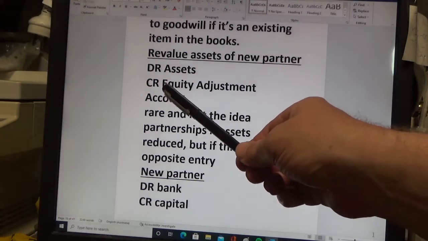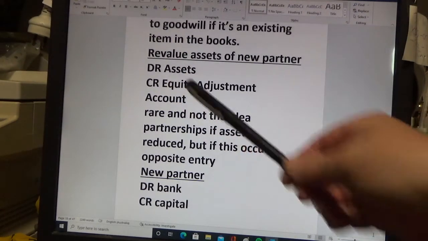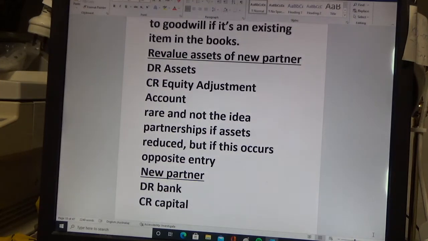You would debit equity adjustment account and credit assets, but it's pretty rare for that to happen. Logic doesn't make sense. Allowing a new partner and assets go down, that's unfavourable. The idea of a new partner is clearly more assets, isn't it? So that's the first one, the more typical transaction.